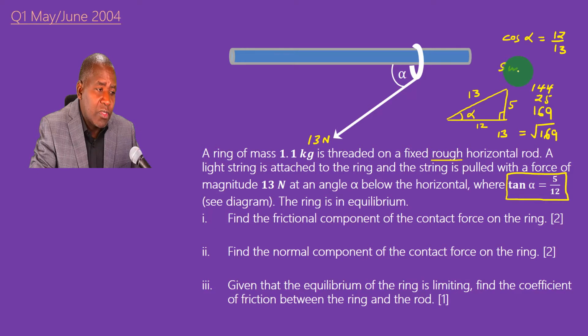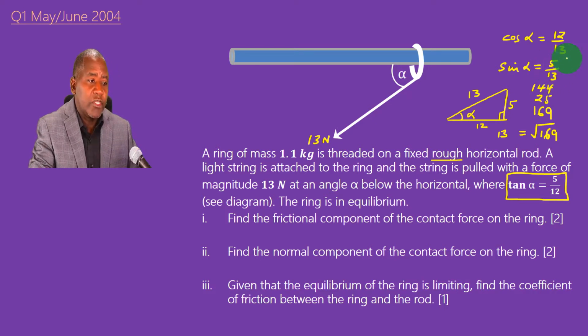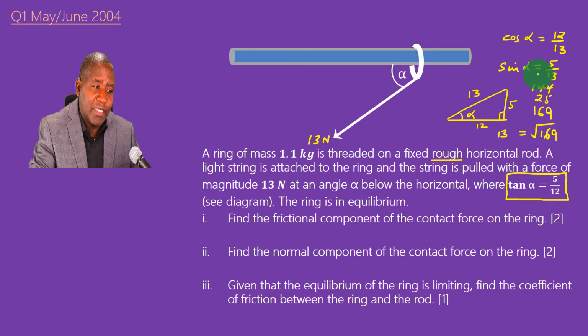How about sine alpha, which is opposite over hypotenuse, which is 5/13? The reason why I'm saying this is that you're going to see how they cancel out very, very easily. So remember, cos alpha is 12/13, sine alpha is 5/13. One of the things you're going to take away from this video is this.